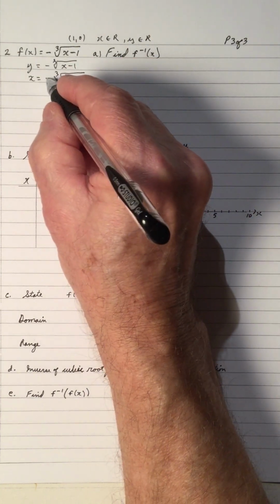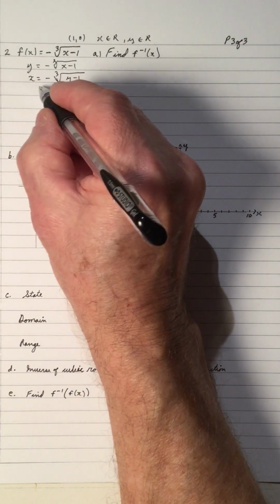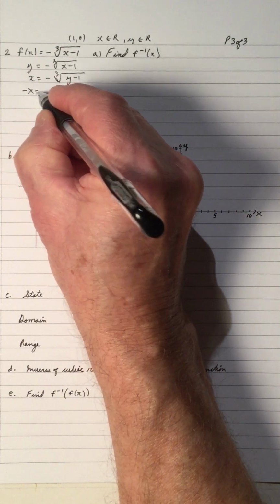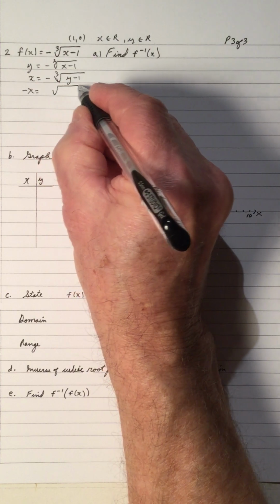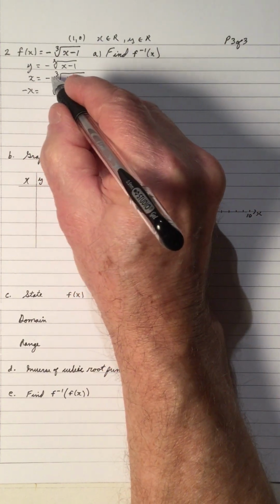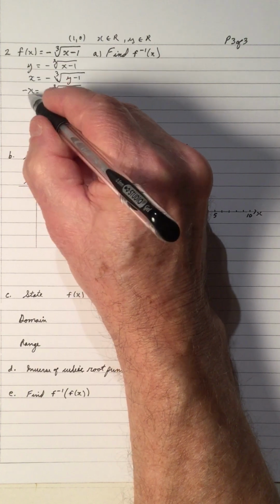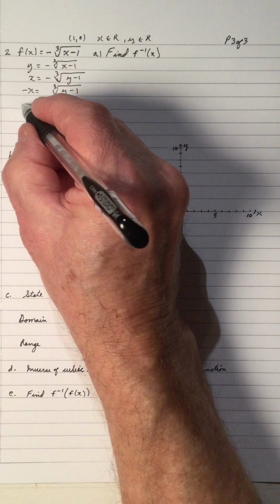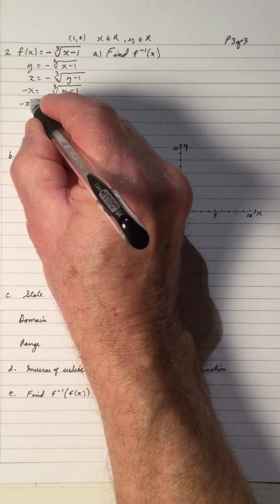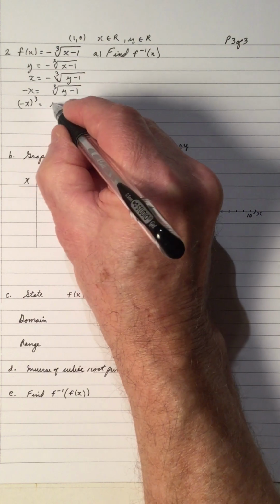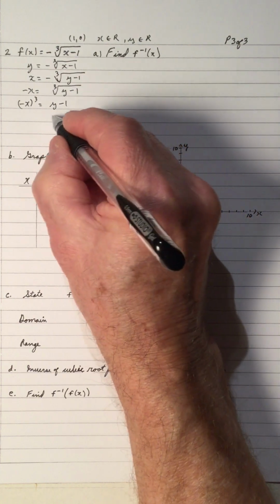We'll do the negative first, so we multiply each side by negative 1. So negative x is a positive cube root of y minus 1. Negative times positive is negative, negative times negative is positive. Now we have to do the cube. So we get negative x, cubed, and we cube this side, we get y minus 1.